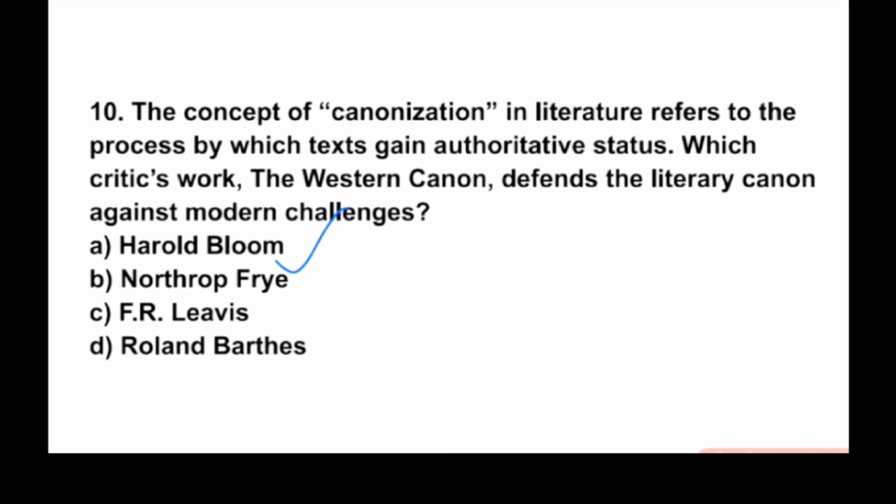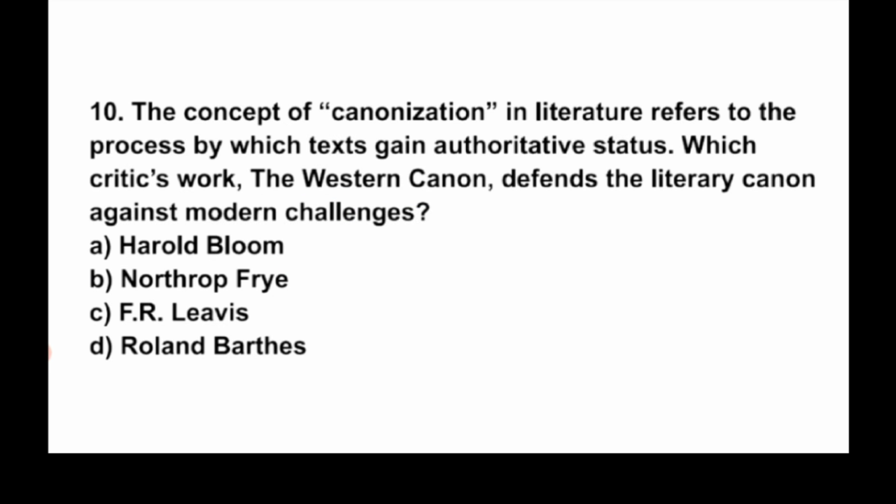Bloom, The Western Canon, 1994, argues for the enduring value of classic works, addressing debates about canon formation.